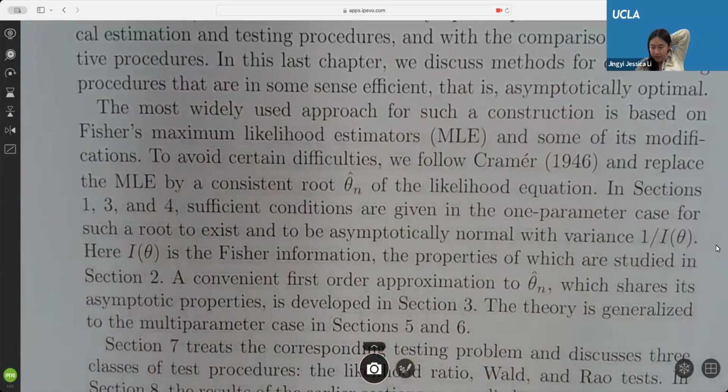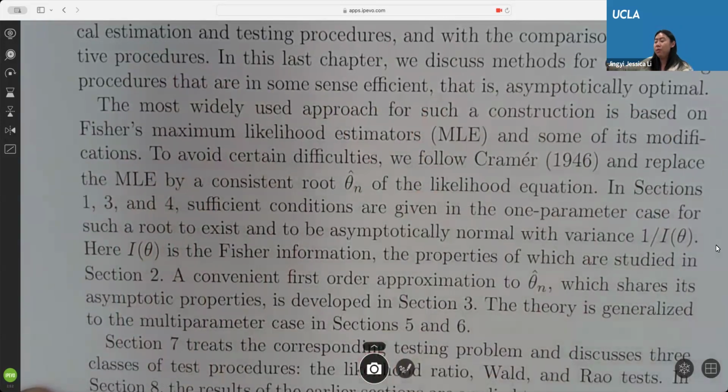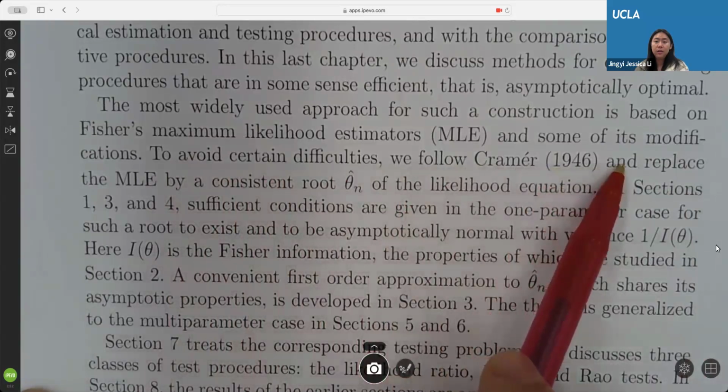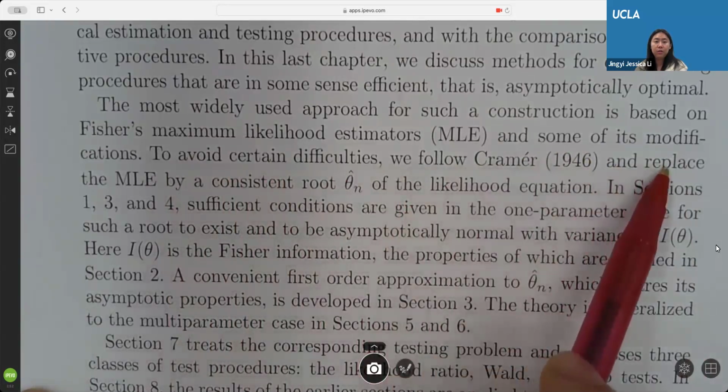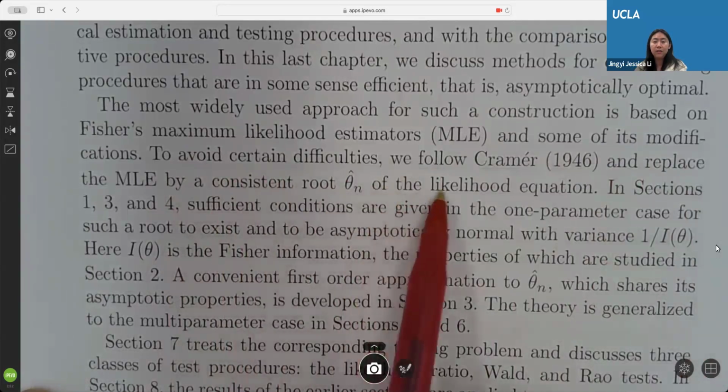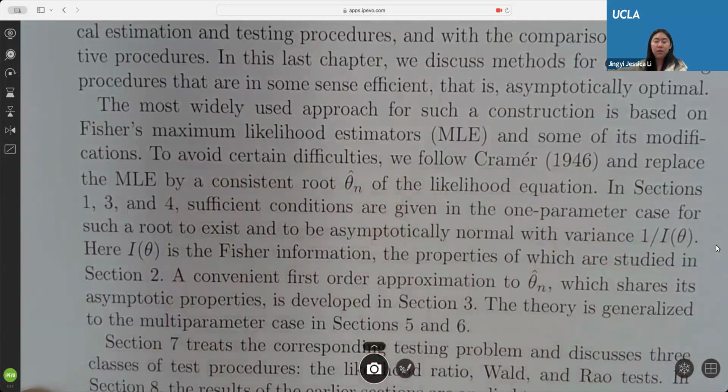With this MLE, it will make the statistical estimation problem more automatic. You just worry about the likelihood function and how to maximize it, instead of saying, okay, for each case, let me construct an estimator in a smart way, which becomes case by case. To avoid certain difficulties, and this is the original source of this chapter, we replace the MLE by a consistent root theta hat of the likelihood equation. This is something we'll show later.